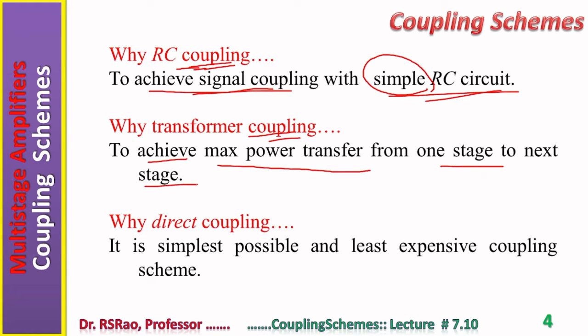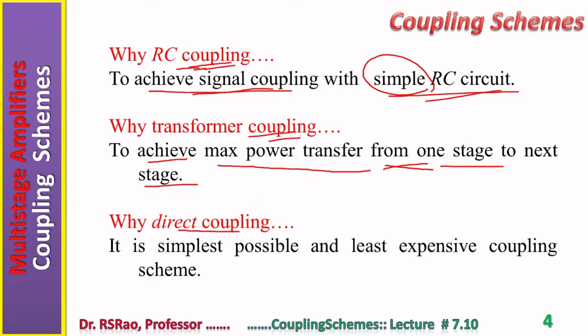The output voltage of a transformer depends upon the turns ratio. By adjusting the turns ratio properly, it is possible to have high voltages, consequently high powers, coupled to the next stage. This facility exists only in transformer coupling. In other types of coupling, you don't find this feature.